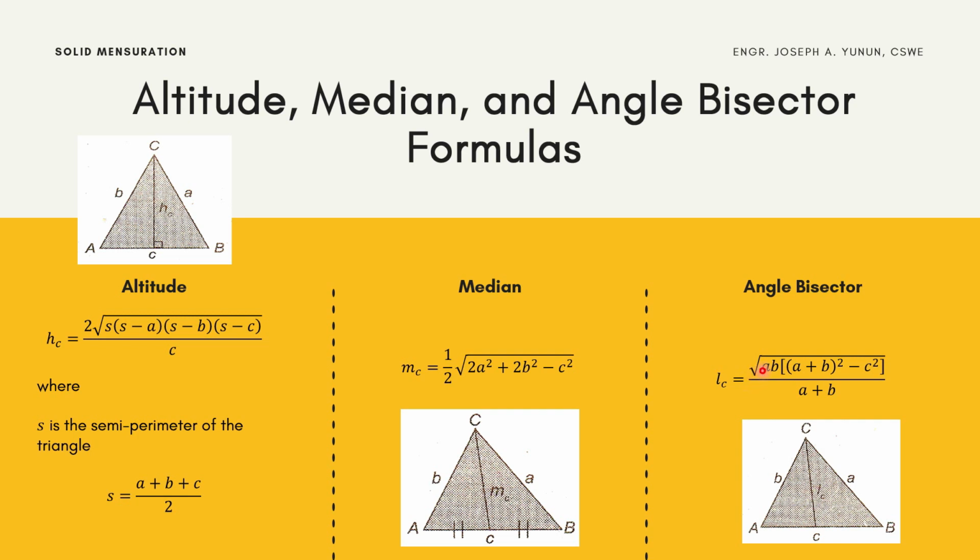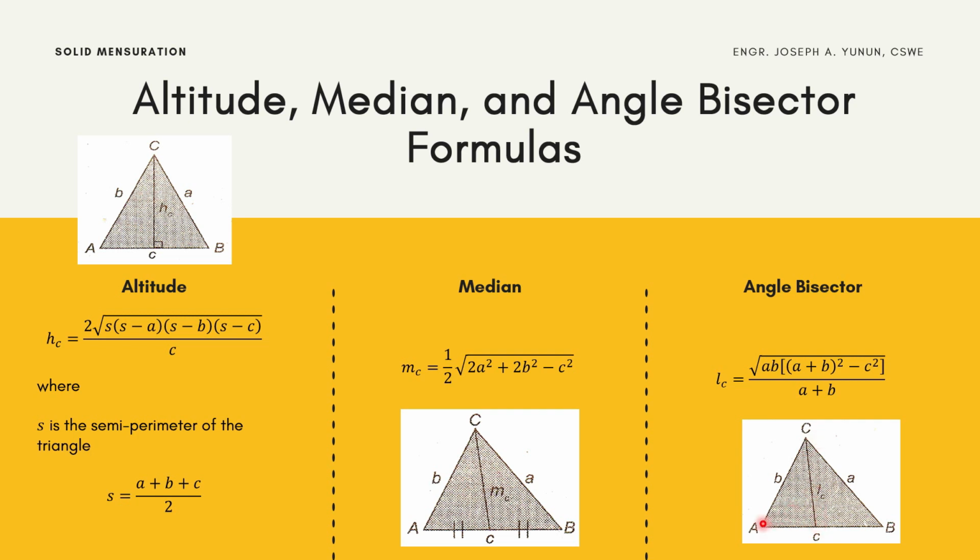Okay, you have here side A, B, or the product of A and B, and then the sum of sides A and B, then squared, and then C squared. The denominator will always be the two sides that don't meet with the given side.